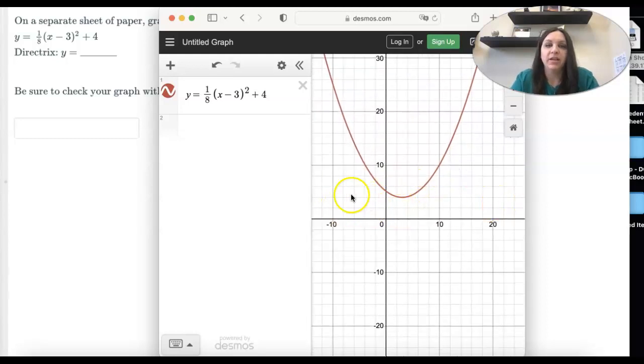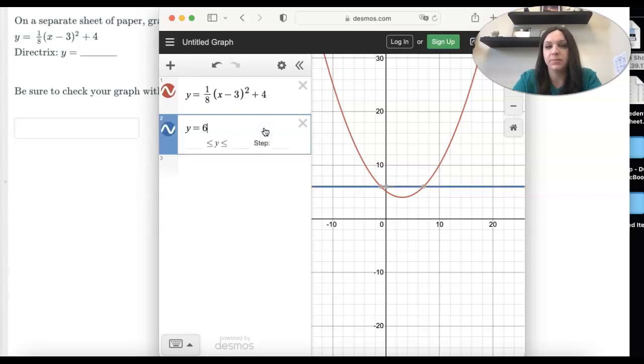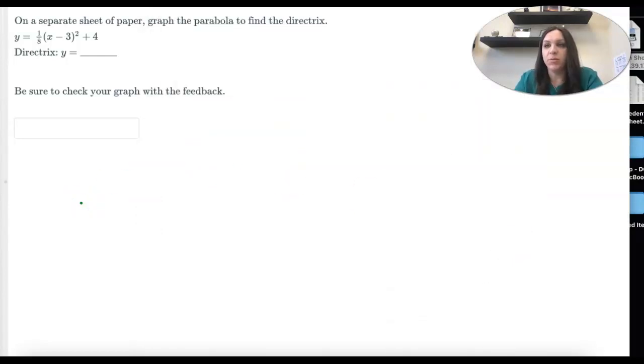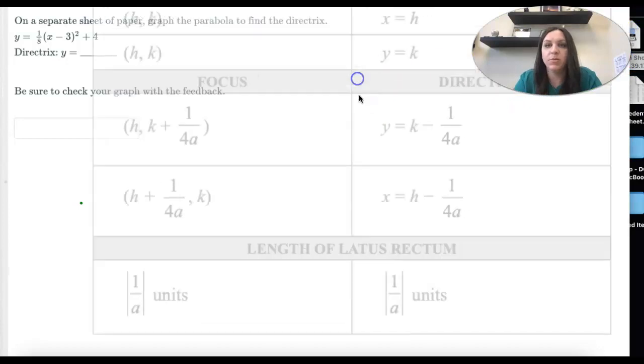So we need the line that goes underneath, and it's going to be a y equals something. Not that. So from the graph, we can't tell. We're going to use those formulas to figure that out. So let me pull that in.